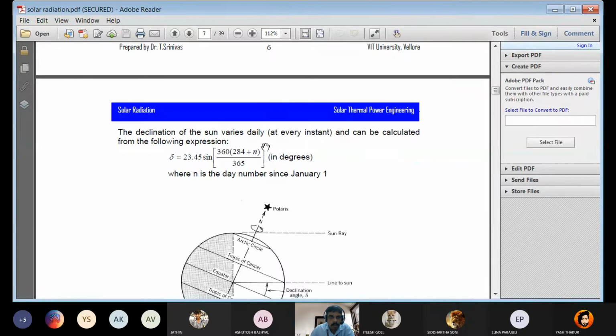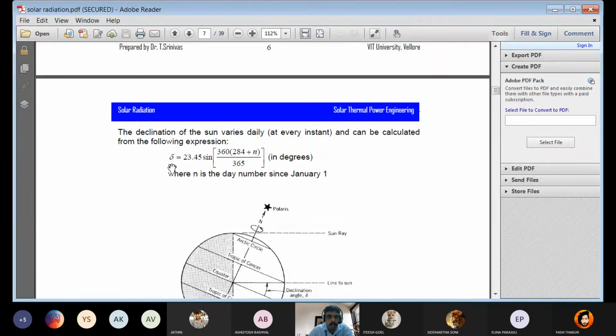So this equation you can note down in your notebook. Declination angle also varies on a daily basis. That variation is given by delta equals 23.45 sin(360 × (284 + n)/365) in degrees. n is the day number, starting from January 1.